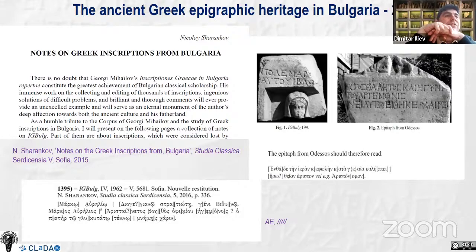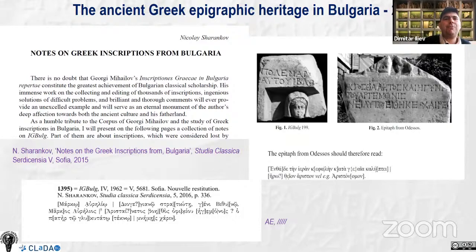digital. But there is at least one study, namely Nikolay Sharankov's notes on the Greek inscriptions from Bulgaria, published in 2015, which contains some preliminary notes as to the revision of the whole corpus.